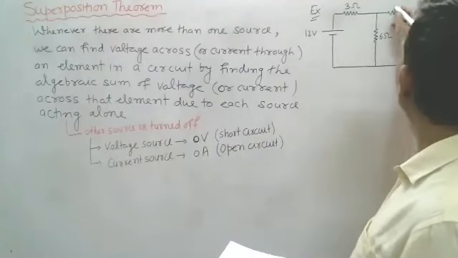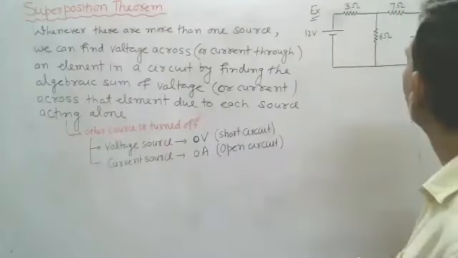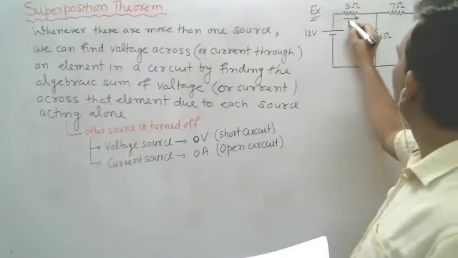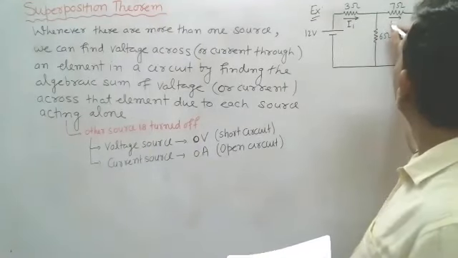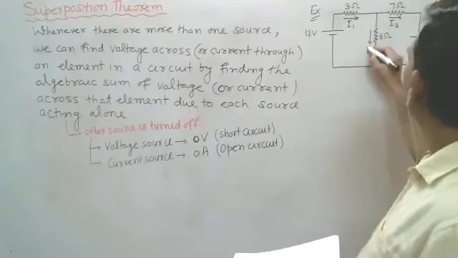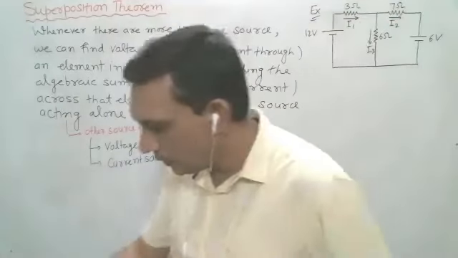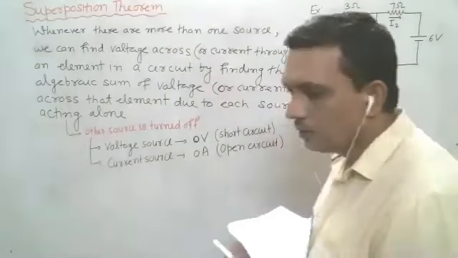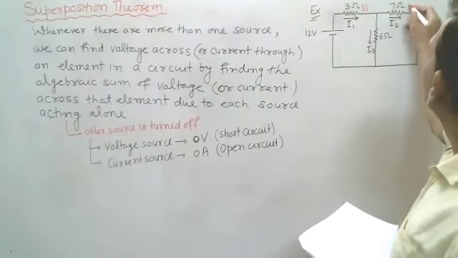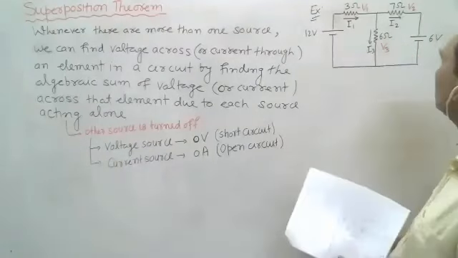This is 7 ohm, and this is 6 ohm, and this will be 7 ohm. And we have to find I1, I2, I3, and also voltage drop across each element. The voltage drop will be voltage across 3 ohm is, take it as V1, this is V2, and this drop is V3.